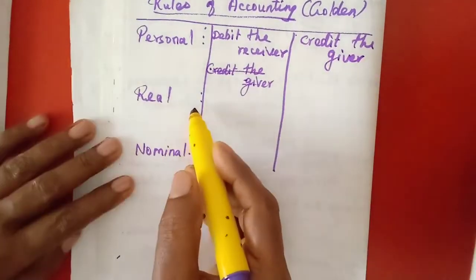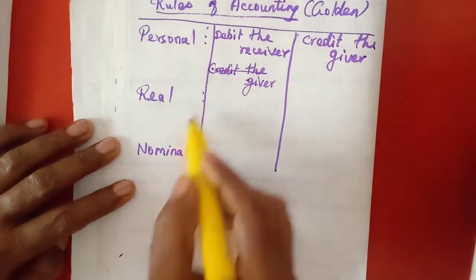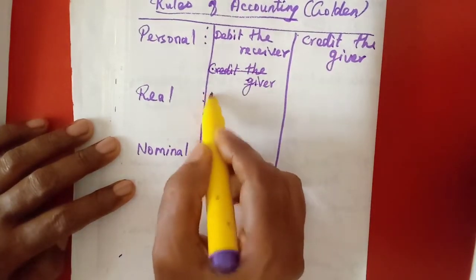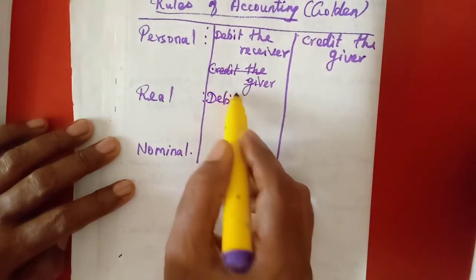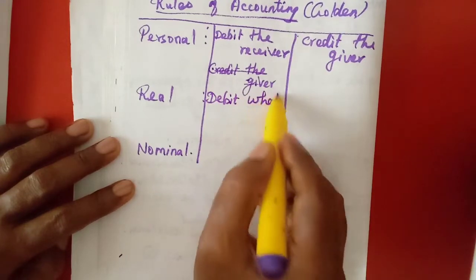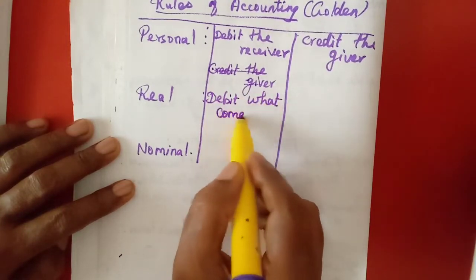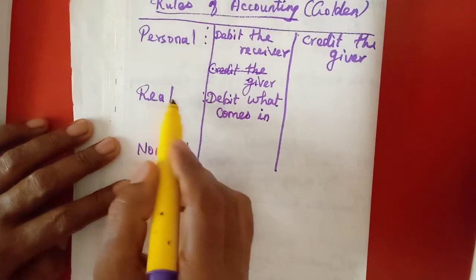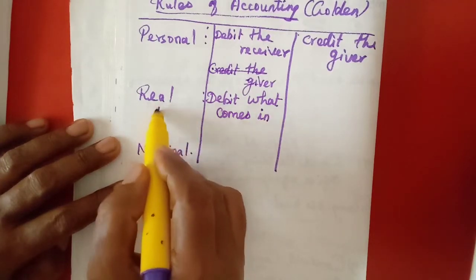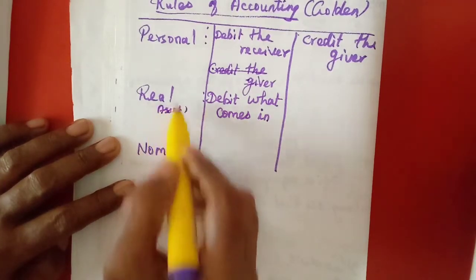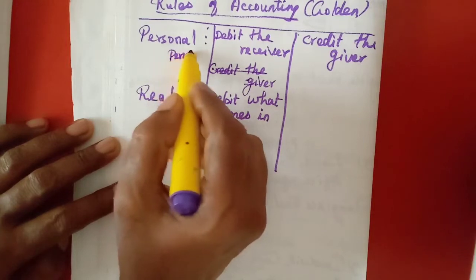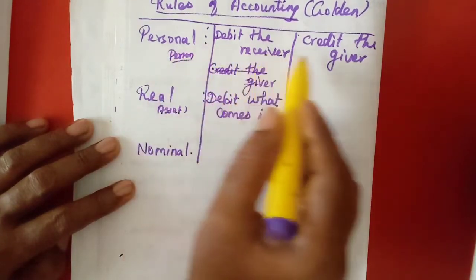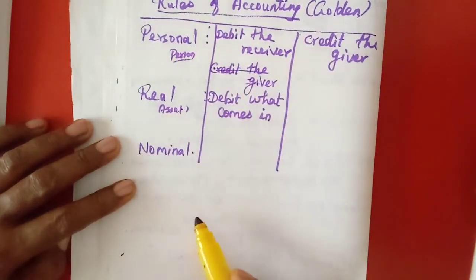Real account, what should be debited and what should be credited? Debit what comes in. Here, the real account consists of assets, isn't it? Regarding personal, it is a person, so the receiver we have debited, the giver we have credited.